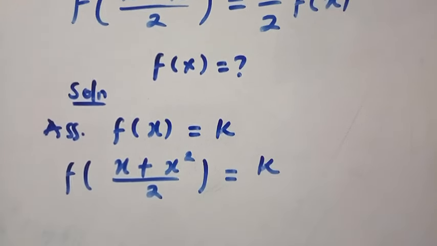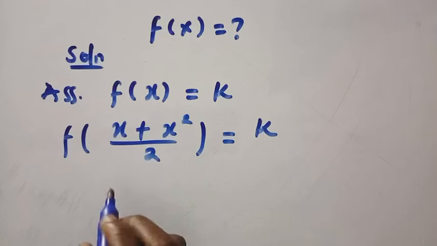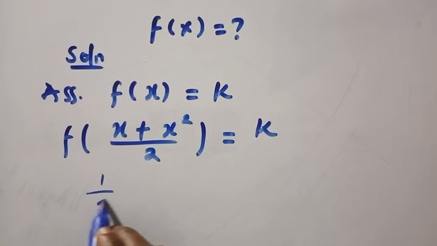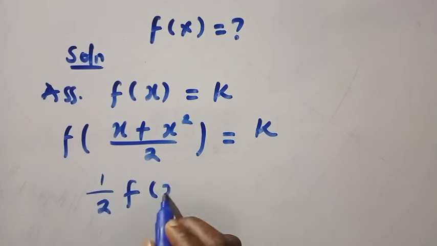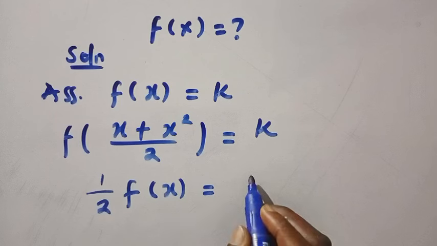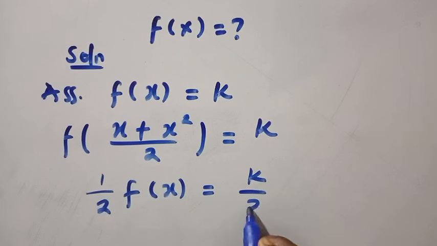So the right hand side, which is 1 over 2 f of x, will become k divided by 2.